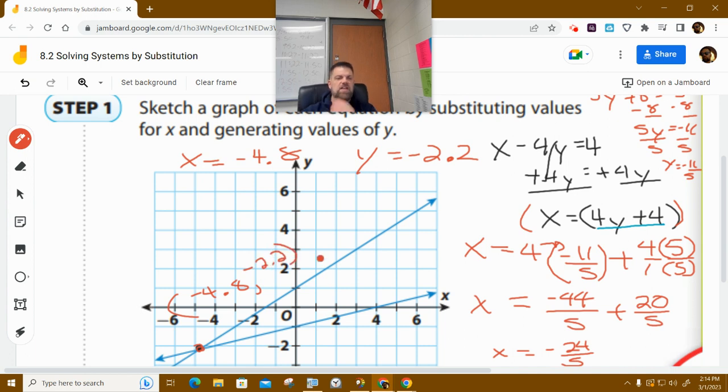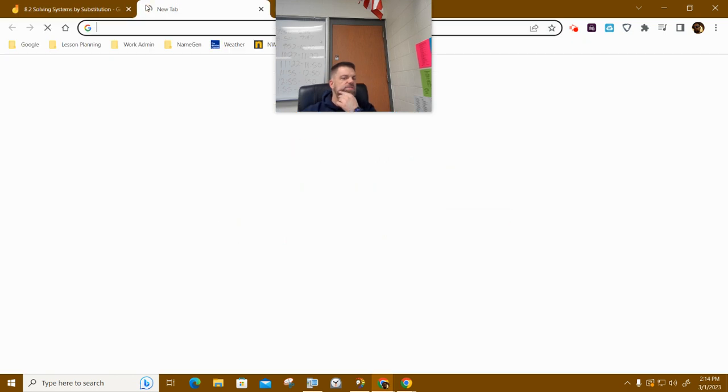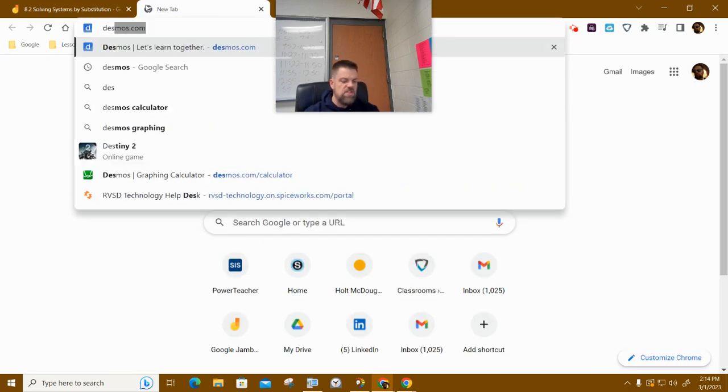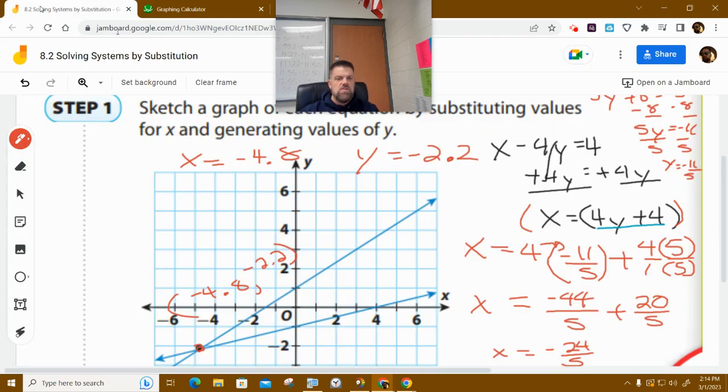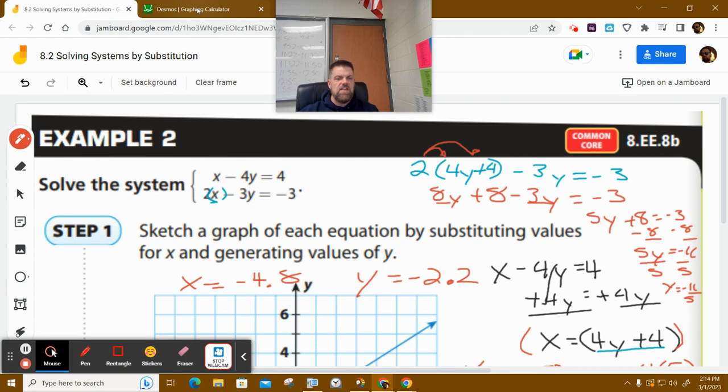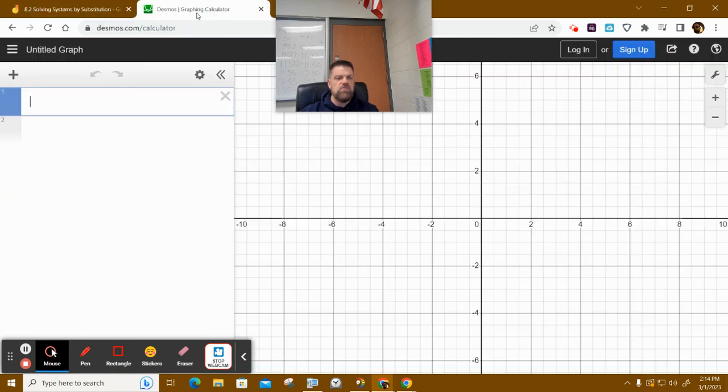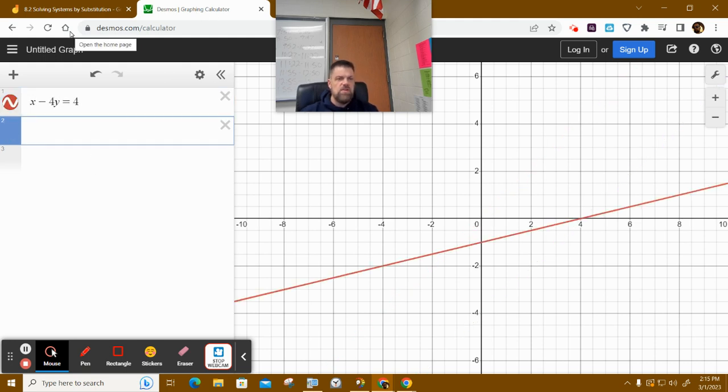Now, how could I double check that? I'm just going to plug the original equations in the decimals. So the first one was x minus 4y equals 4. So far, so good.